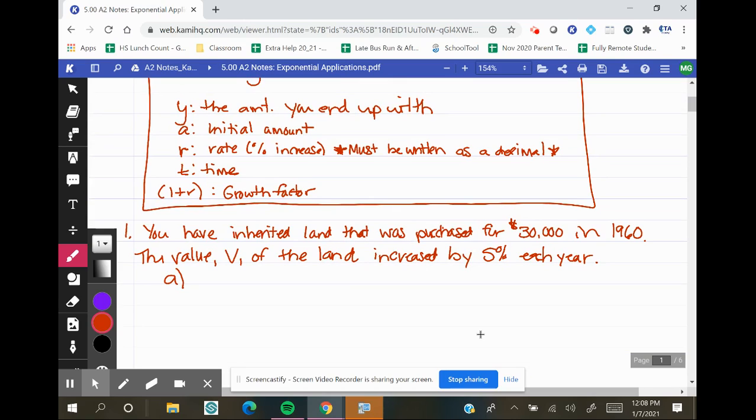A. First, I want you to just write a model, meaning an equation, for the value of the land T years after 1960.